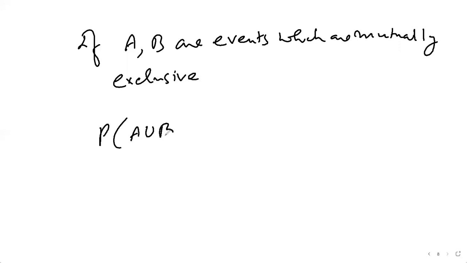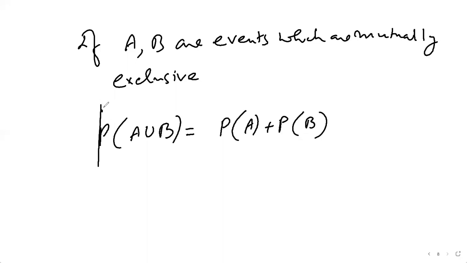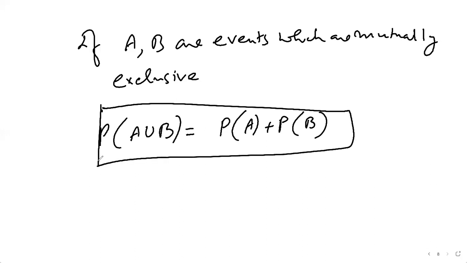The combined probability would be the sum of the individual probabilities for disjoint or mutually exclusive events, right? You have to know that.